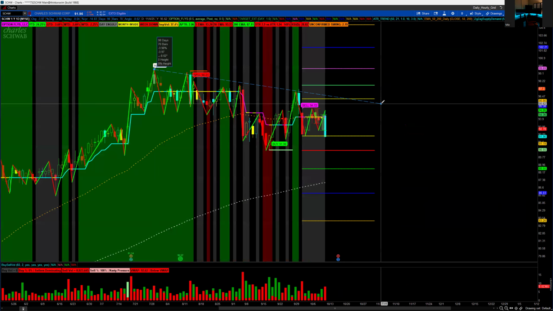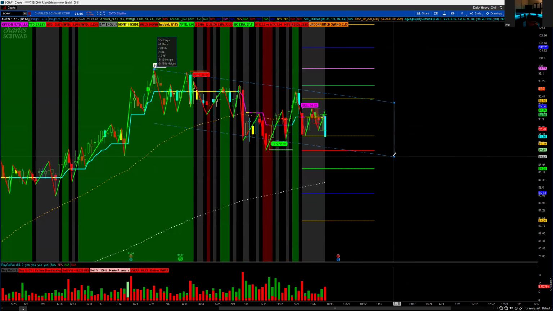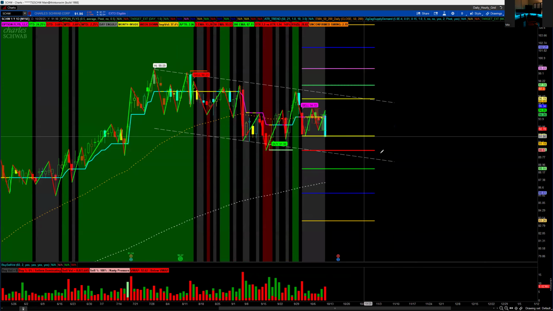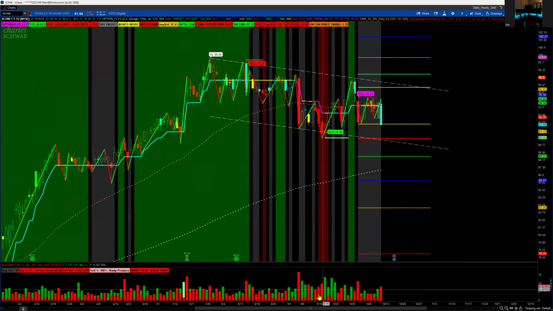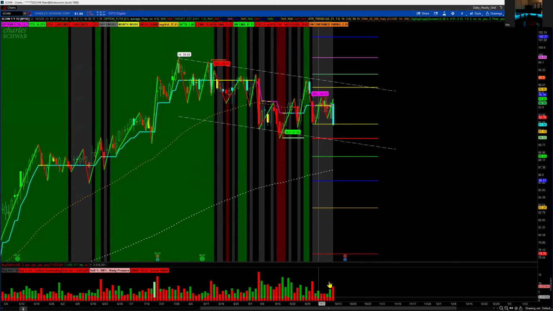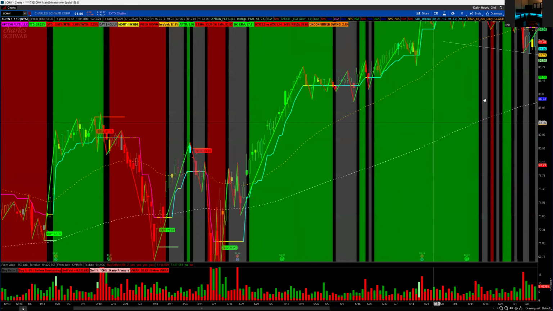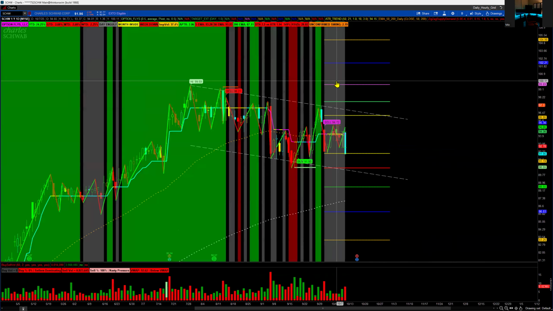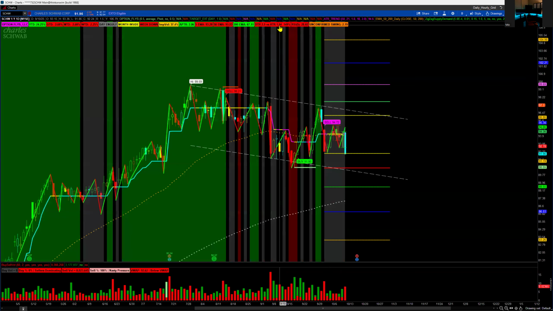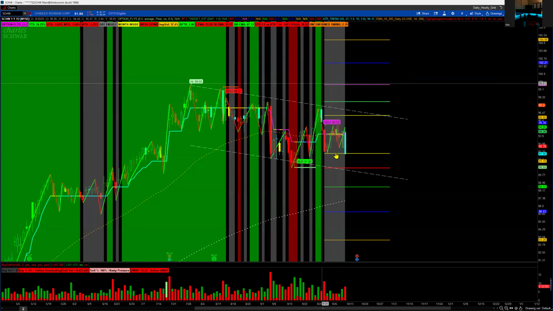What about AXP? You see there, very choppy back and forth swing. Up 24, to the other side 28.